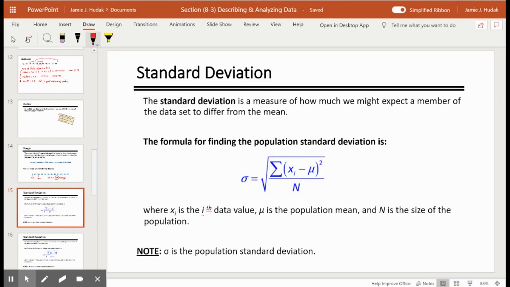Standard deviation is a measure of how much we might expect a member of the data set to differ from the mean. The formula for finding the population standard deviation, and again, I'm emphasizing that now we're focusing on population and not sample, is this: little sigma, and inside we have big sigma.